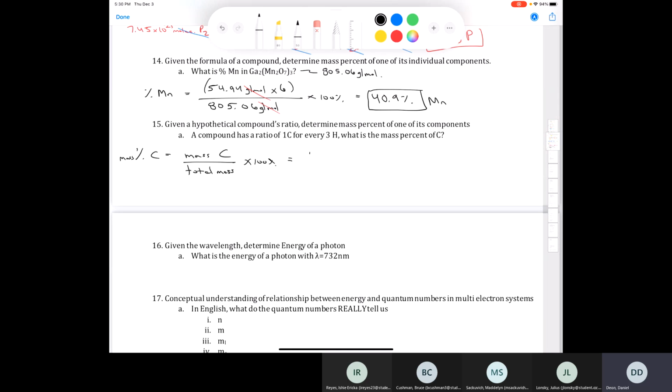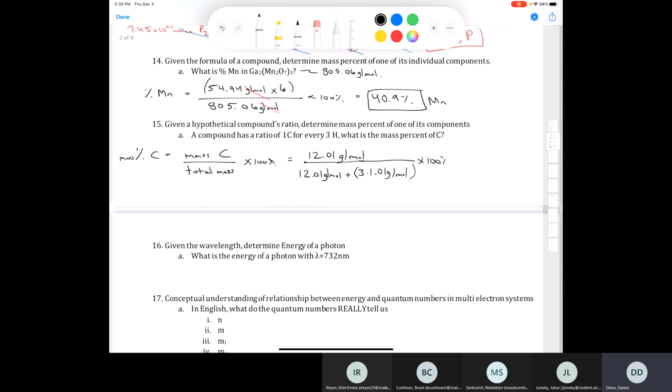If I have 1 carbon, the molar mass of carbon is 12.01 grams per mole. The mass of everything is going to be the mass of the 1 carbon plus the mass of 3 hydrogens. Hydrogen has a mass of 1.01 grams per mole. And so that means I've got 12 divided by 15 approximately. And then I multiply that by 100. I keep leaving out my multiply by 100.